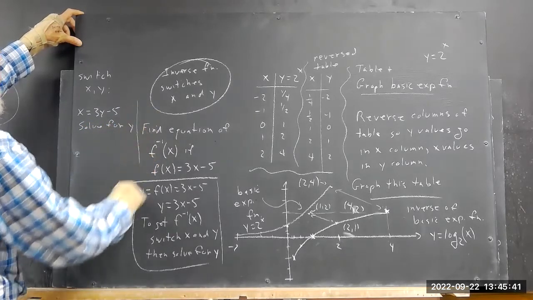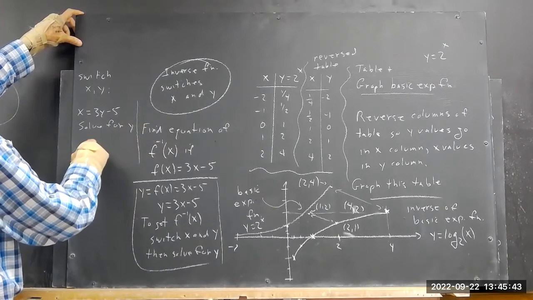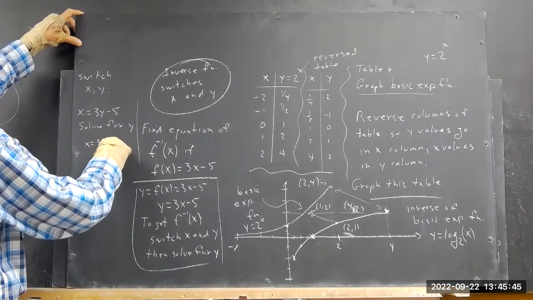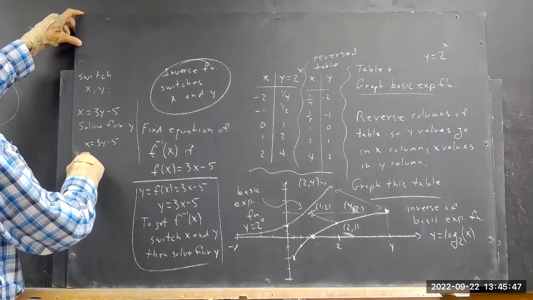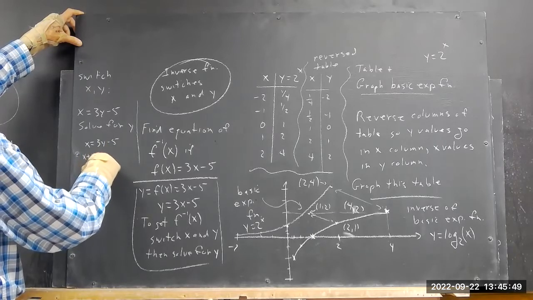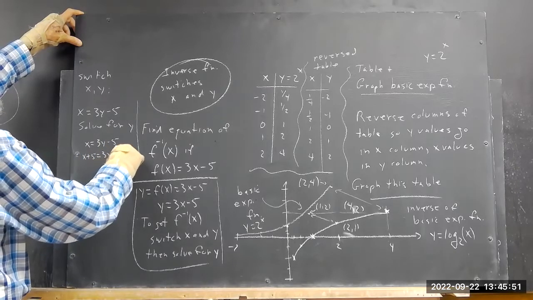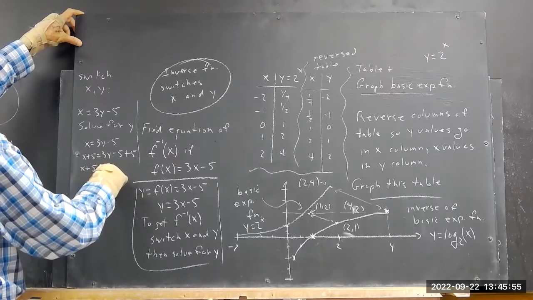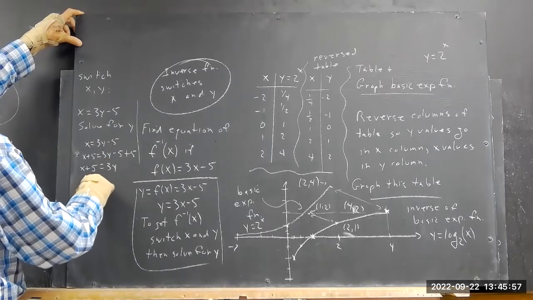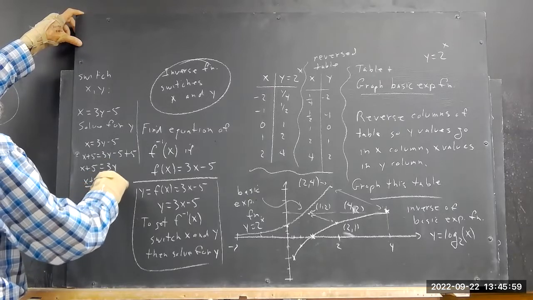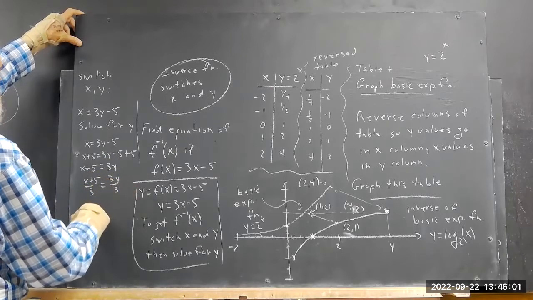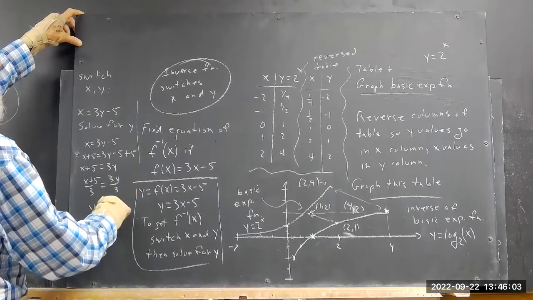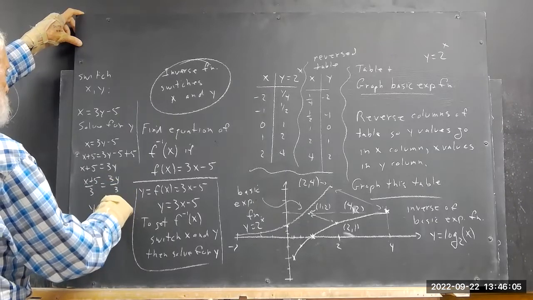Solve for y. x plus 5 equals 3y minus 5 plus 5. x plus 5 equals 3y. x plus 5 over 3 equals 3y over 3. So y equals x plus 5 over 3.